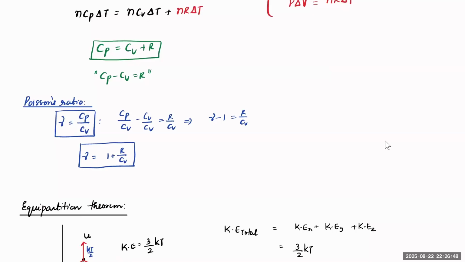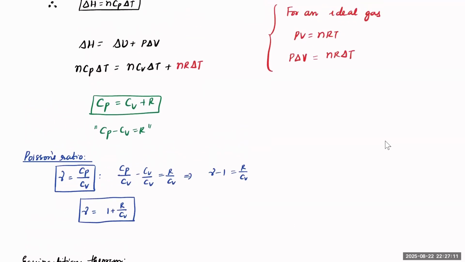Now, if I divide Cp is equal to Cv plus R everything by Cv, this will become gamma, this will become 1, and this will be R by Cv. So gamma minus 1 is equal to R by Cv as well. And gamma is equal to 1 plus R by Cv. Okay, this is Poisson's ratio.